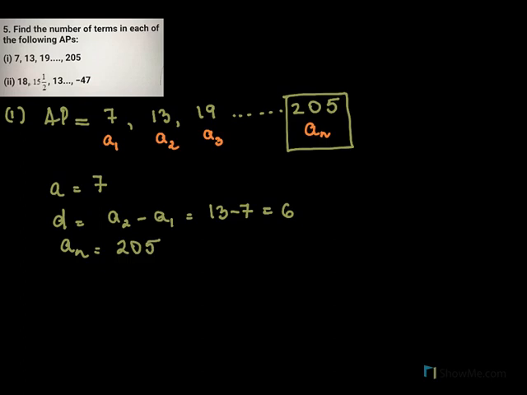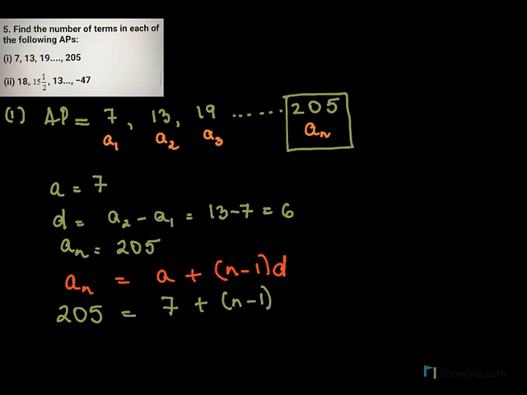We will use the formula AN equal to A plus (N minus 1)D, and we know the AN is 205. Your A is 7 plus (N minus 1), and the D is 6.